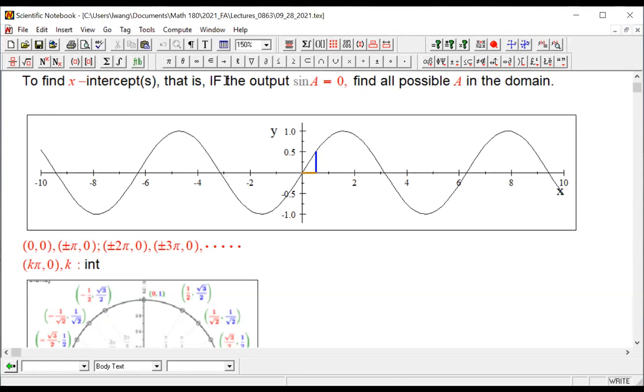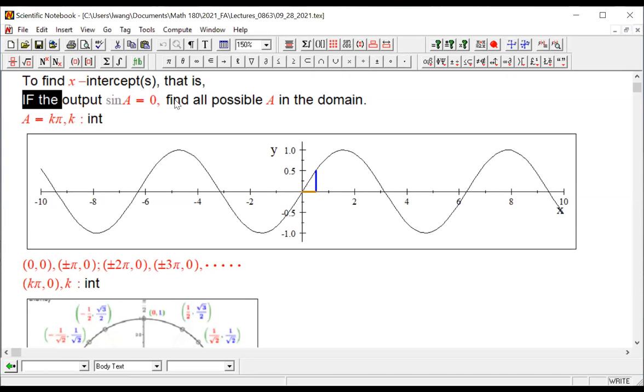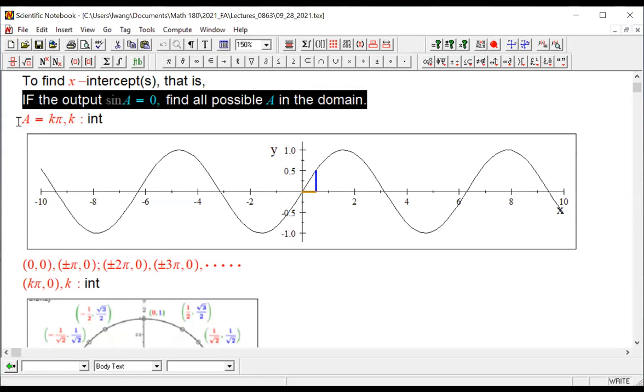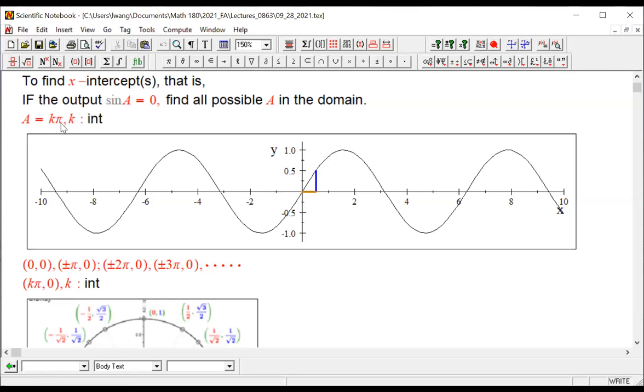But if you're asked, if the output is 0, find all possible A in the domain, those A would be k pi, and k is an integer. Do you see the difference? The question is different. If the question is asked in this way, that's your answer.